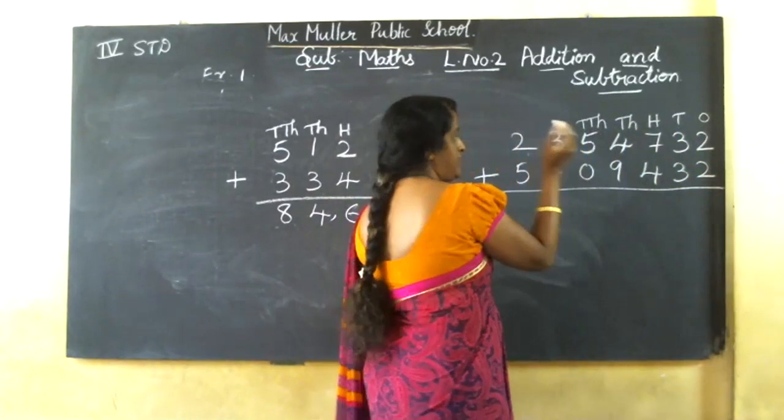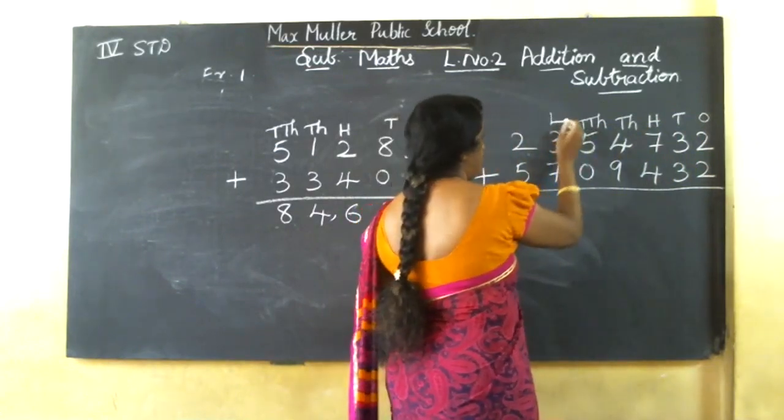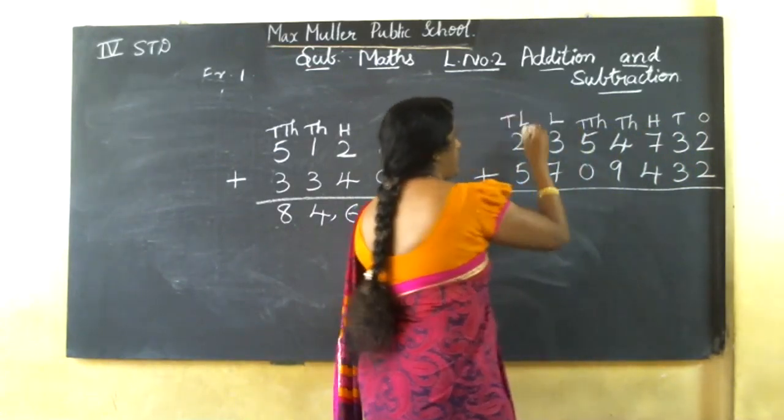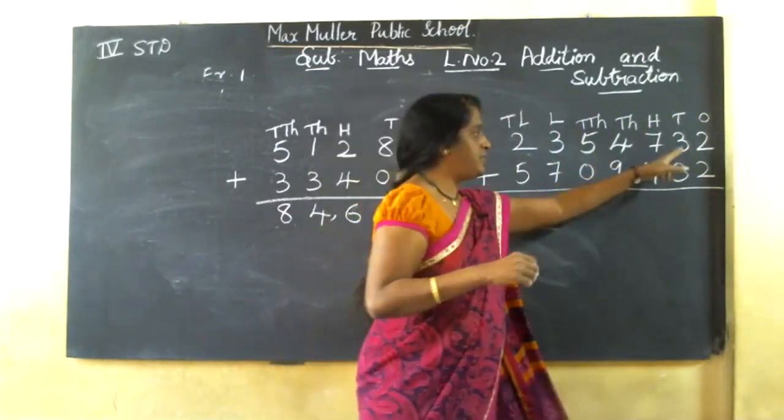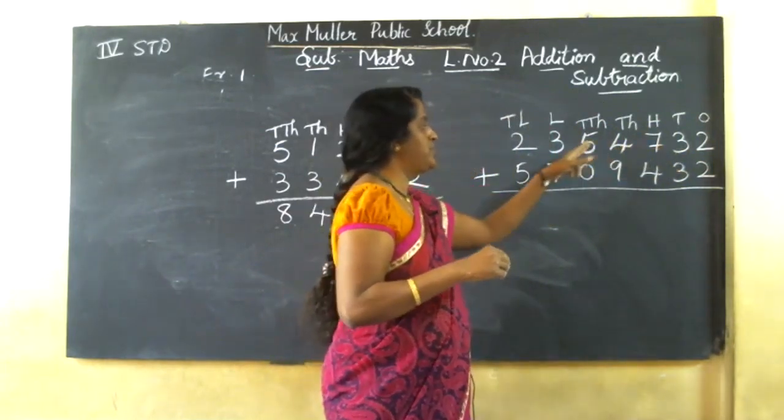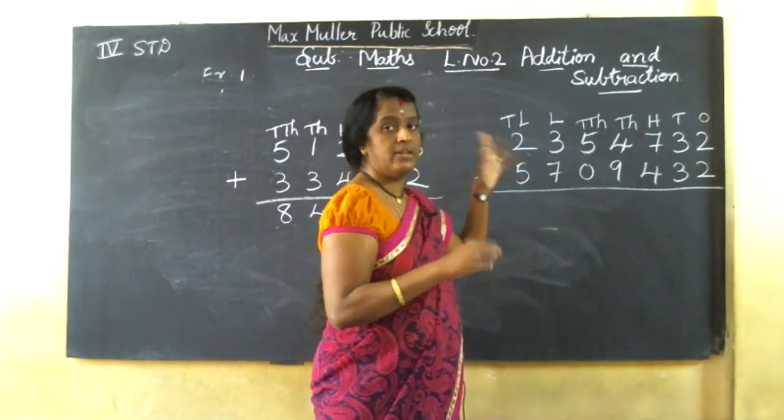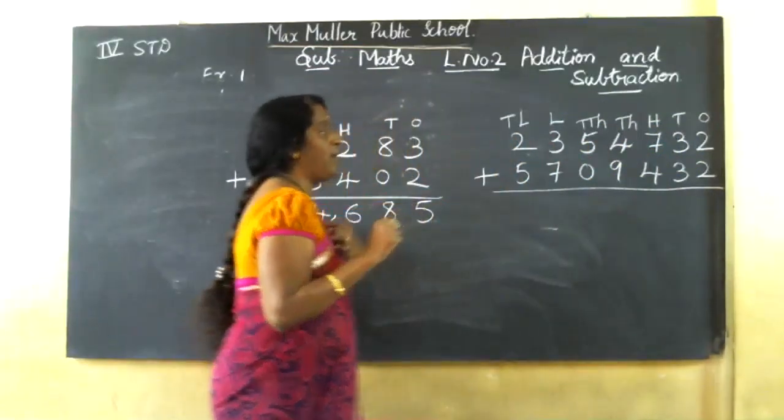Large numbers I will teach now. After 10,000 comes lakh, 10 lakh. See here, 1 digit, 2 digit, 3 digit, 4 digit, 5, 6, 7. Now you have to learn 7-digit numbers.